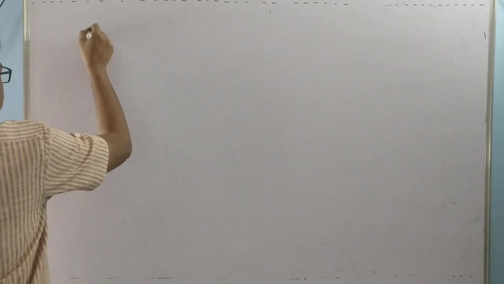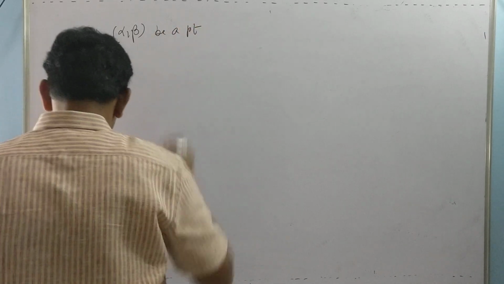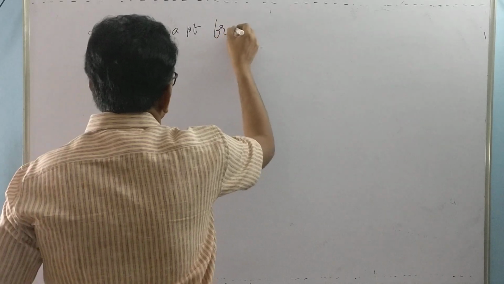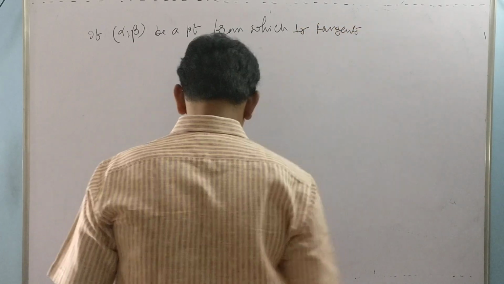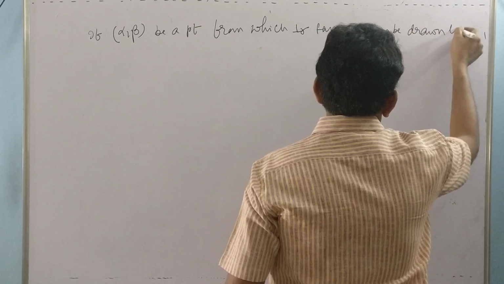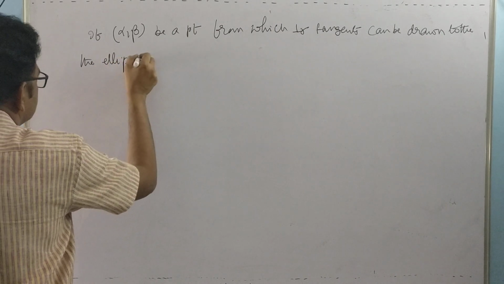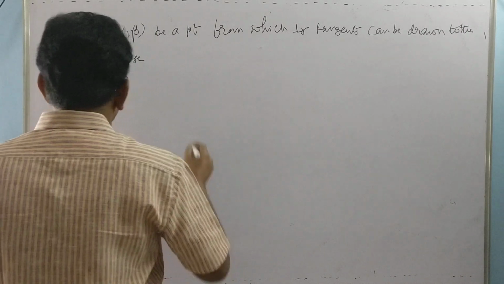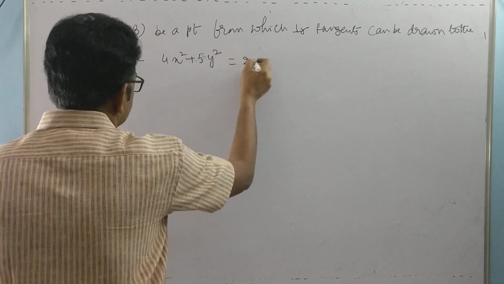Next one: if alpha comma beta is a point from which perpendicular tangents can be drawn to the ellipse 4x square plus 5y square is equal to 20.